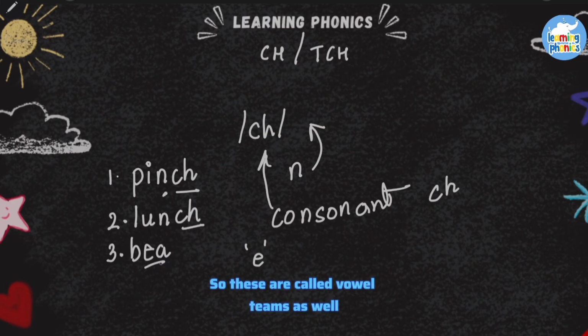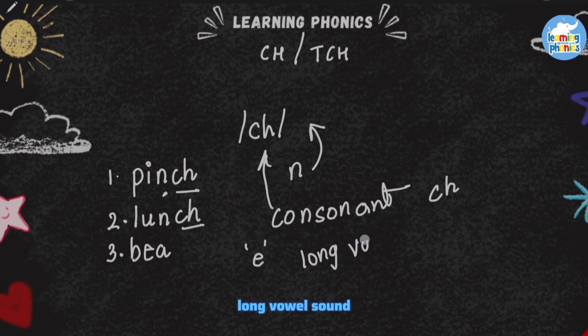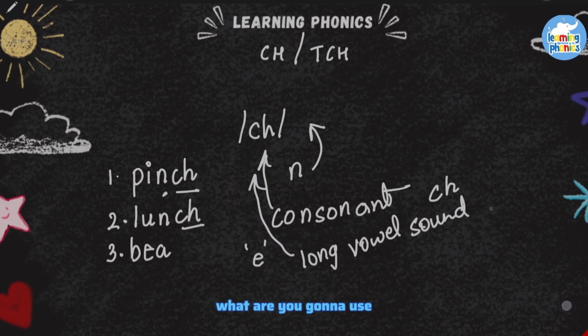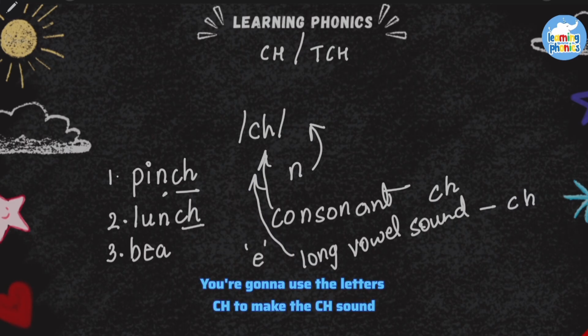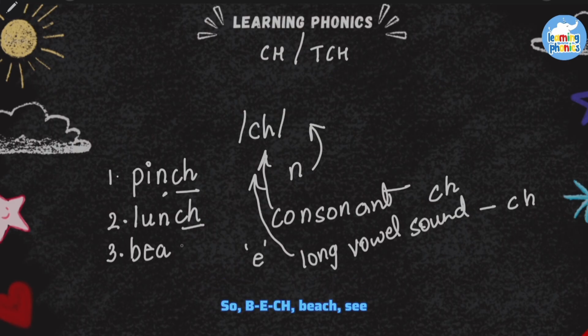Okay, so these are called vowel teams as well. So what are you gonna do when there is a long vowel sound before the ch sound? You're gonna use the letters CH to make the ch sound. So B, E, ch, beach. See?